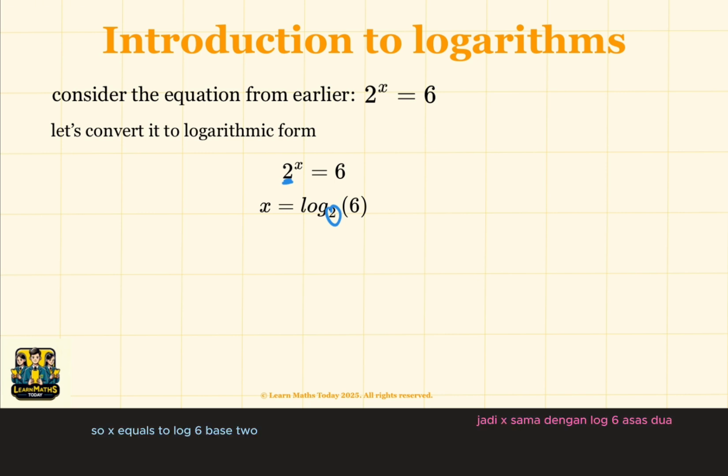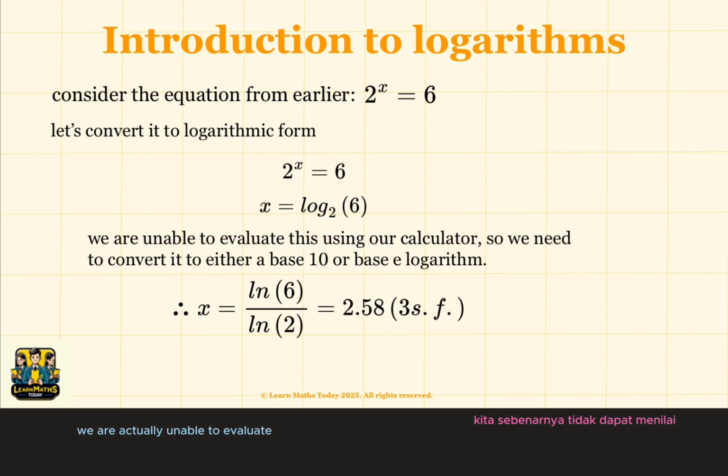So x equals log 6 base 2. We are actually unable to evaluate this using our calculator because remember, our calculator only has log base 10 or log base e. So we need to convert it into a form that we can key into the calculator. So base 10 or base e.